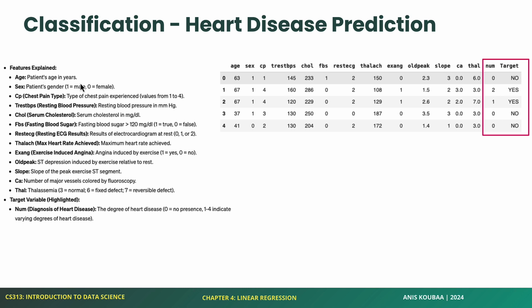So here the data that we're going to consider is the patient age, the gender, the chest pain type, which could be one of 4 possible values, the resting blood pressure, the serum cholesterol, so different types of medical conditions that could help to estimate whether the person is subject to a heart disease or not. And this is a classification problem.